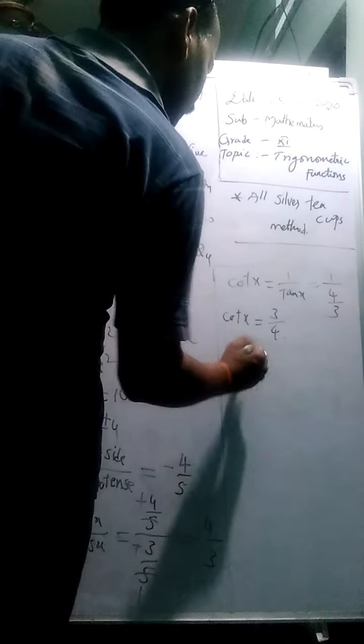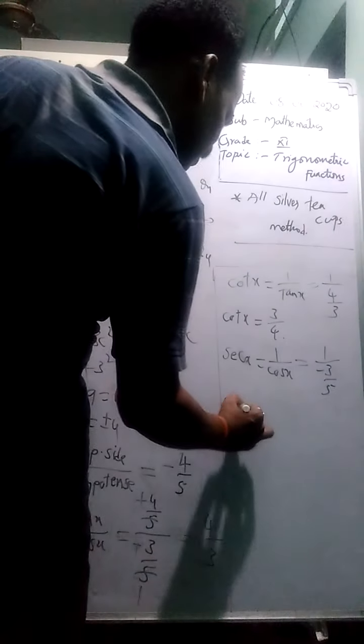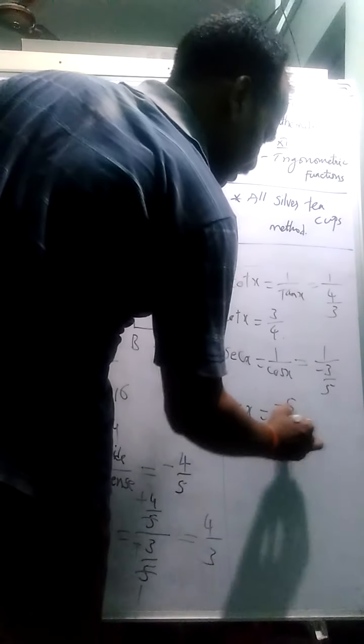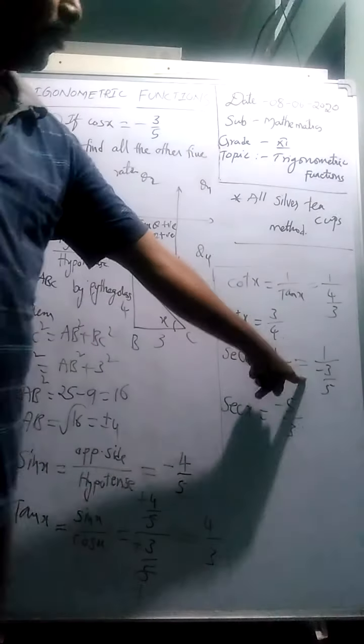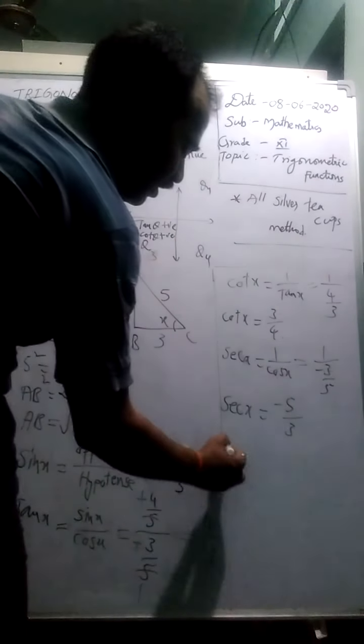Now secant x: we have cos and sine, and by using those we can find secant x and cosecant x also. Cos is given as minus 3 by 5, so reciprocally secant x is minus 5 by 3, because a negative symbol we shouldn't take in the denominator. It should be in the numerator.